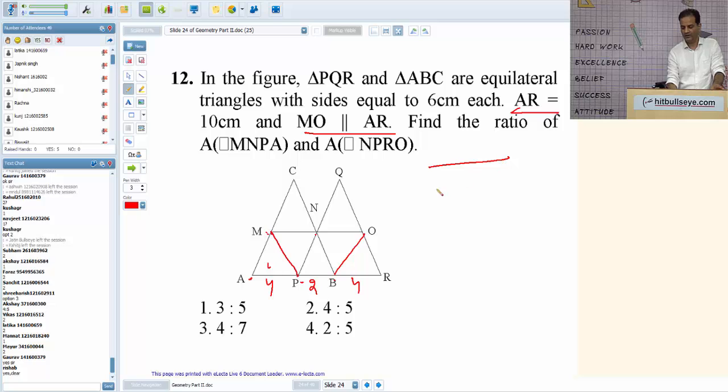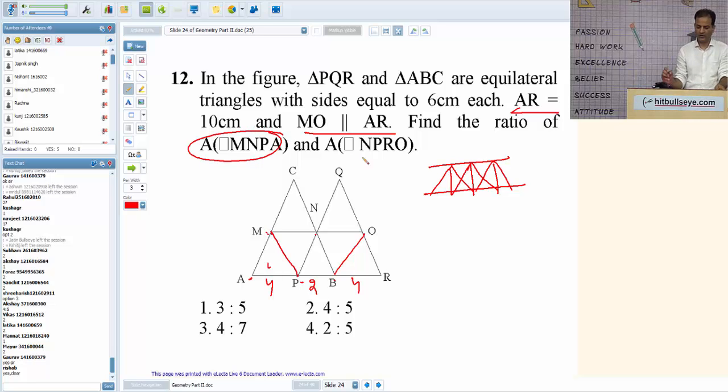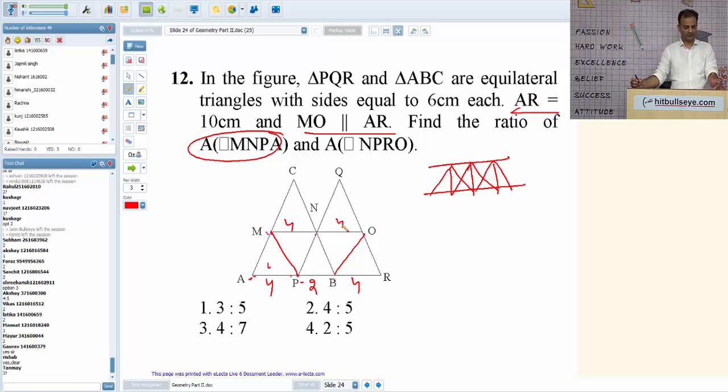We know the height between any two parallel lines is always the same for all the triangles. Now we have to find the ratio of MNPA to NPRO. The base and height for each triangle will be the same. Here MN will be 4, NO will be 4, because opposite sides of a parallelogram are equal.